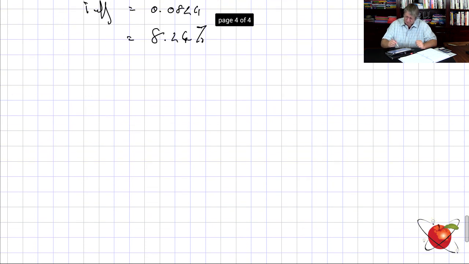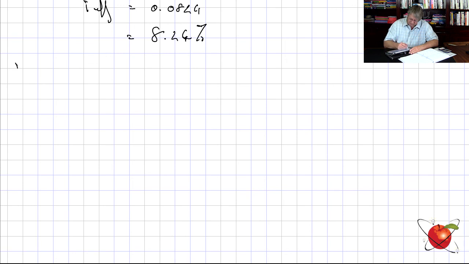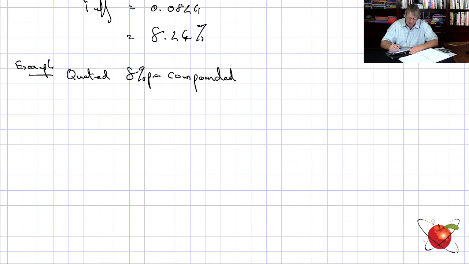Let's have a look at one more example. It's the same, let's say, quoted at 8% per annum compounded monthly. Therefore, n is going to be equal to 12. There's 12 times we're going to add interest.